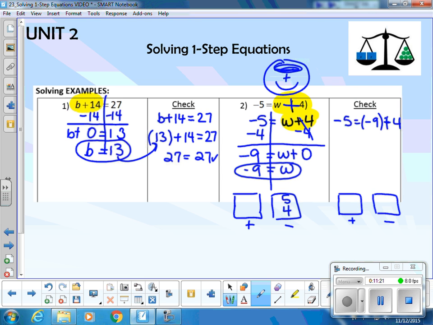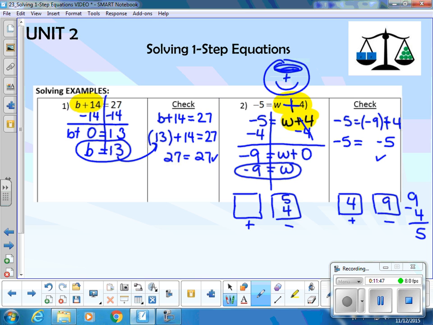I have a negative 9, which goes in this box, and a positive 4, which goes in the positive box. And I need to say which box has more. The negative side does. And how much more? 9 minus 4 is 5, so I know it has 5 more. Does negative 5 equal negative 5? It sure does.